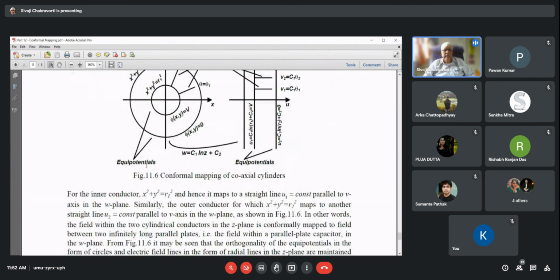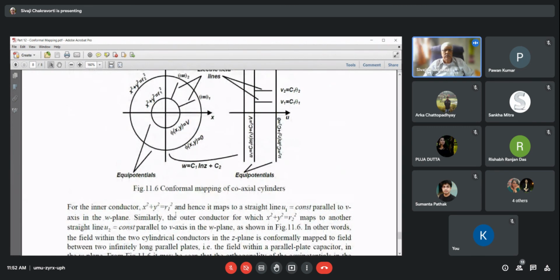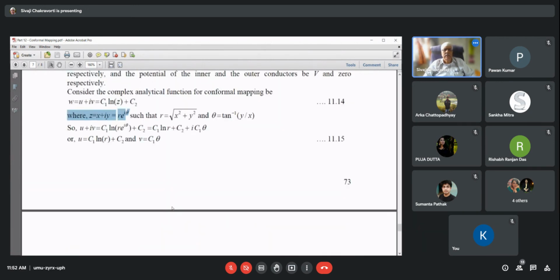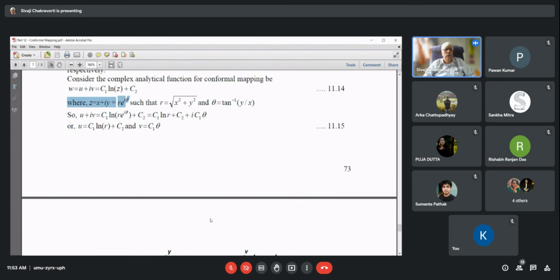Now for the inner conductor, x square plus y square is equal to r1 square. Now that is naturally equipotential, but now look at it. See, what is my u1?